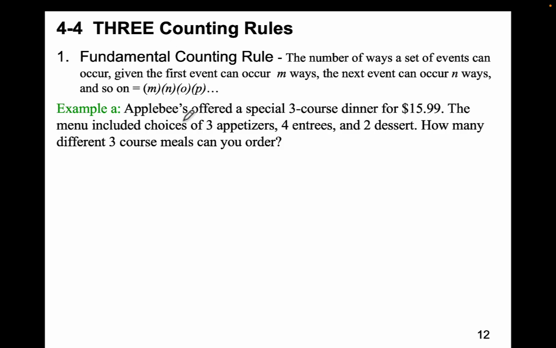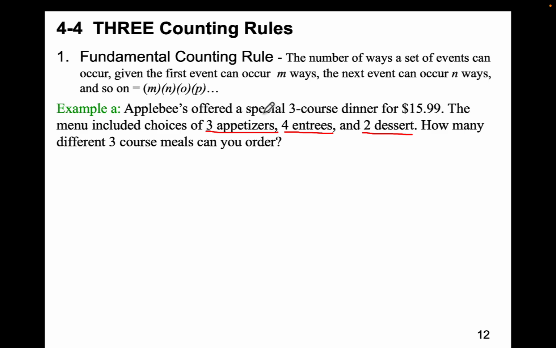Well, looks like you've got 3 selections to make. You have to choose an appetizer, then you get to choose an entree, then you get to choose a dessert. So we're going to multiply the number of ways the appetizers could occur times the number of ways your entree choice could occur times the number of ways your dessert choice could occur. So it's real simple.